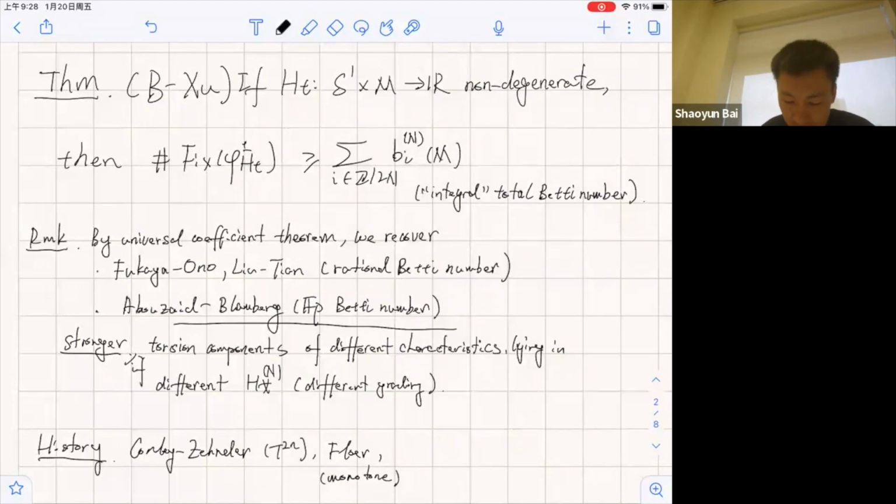Then in the case of, say, Calabi-Yaus or more generally semi-positive symplectic manifolds, there's a proof by Hofer-Salamon and Ono.